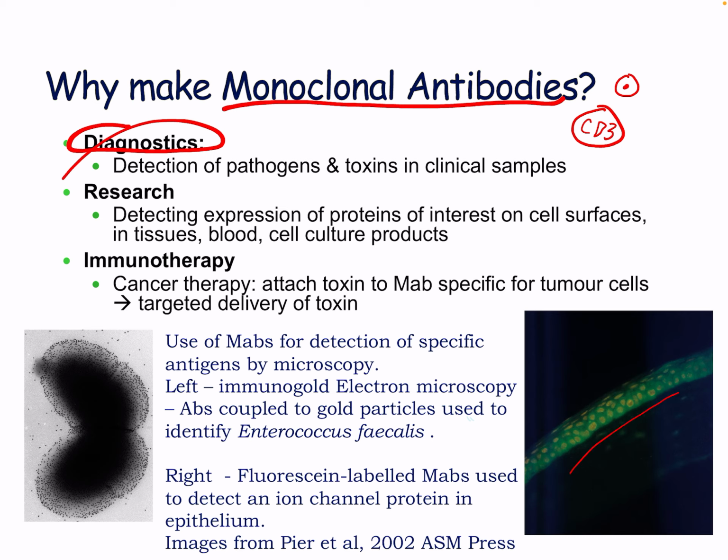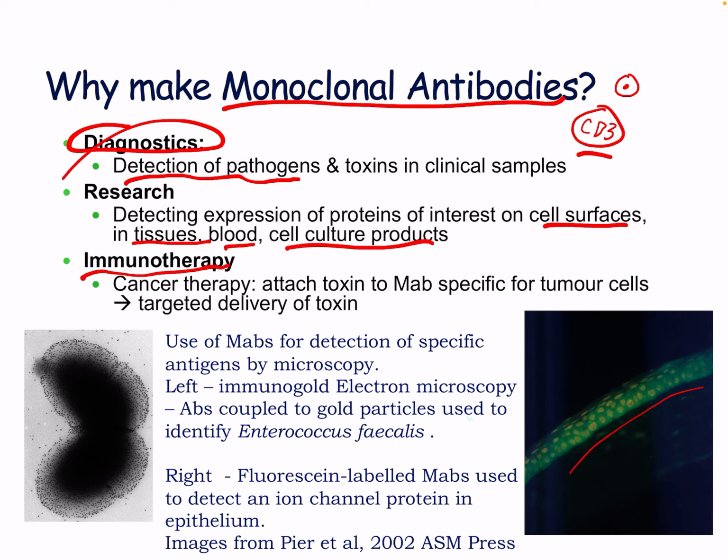Here you can see how they colored, and then we can essentially count how many there are, which allows detection of both pathogens and toxins in clinical samples. CD3 is not a toxin, but it's just another example. They can be used in research to detect the expression of proteins of interest on cell surfaces, like CD3, in tissues, blood and cell culture products.